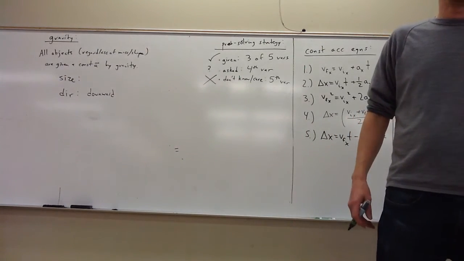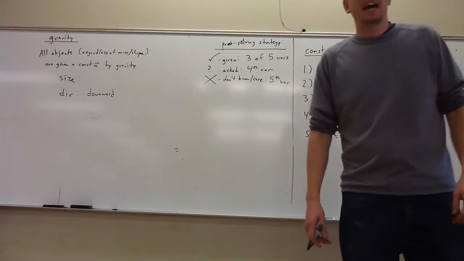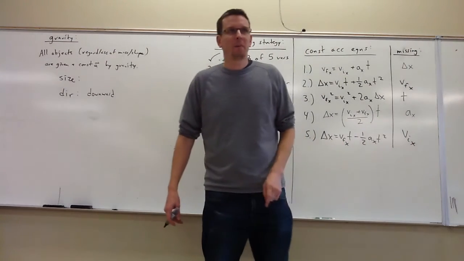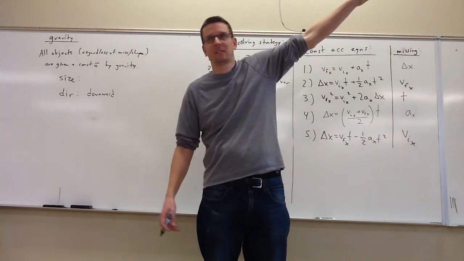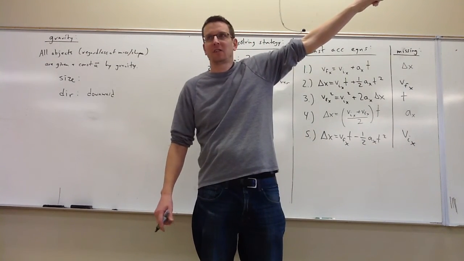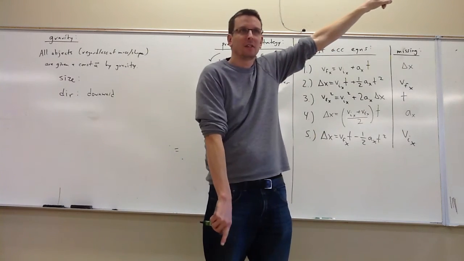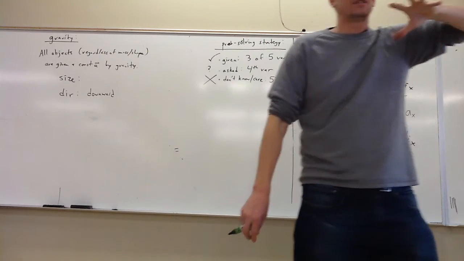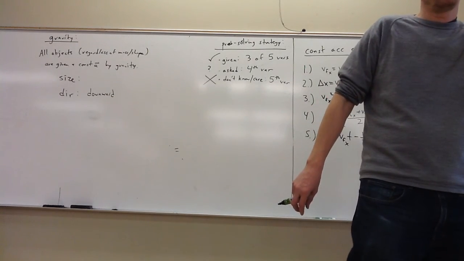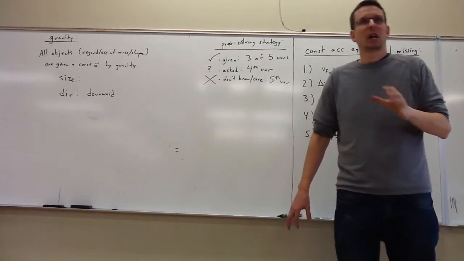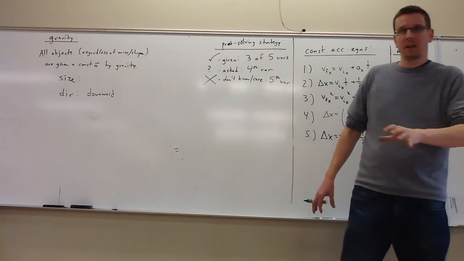It could be notated as positive if you wanted to. And later on in the course, we'll choose the positive axis as being like this. So then gravity being downward is not plus or minus. I'm trying to generically describe it without sign. Okay? Downward is downward regardless of what axis choice you want to make.